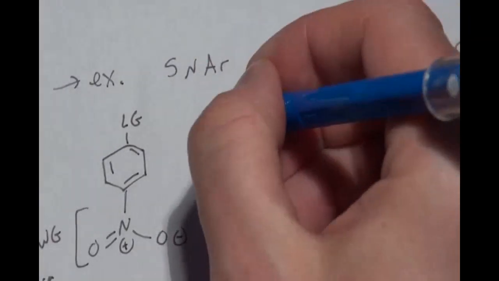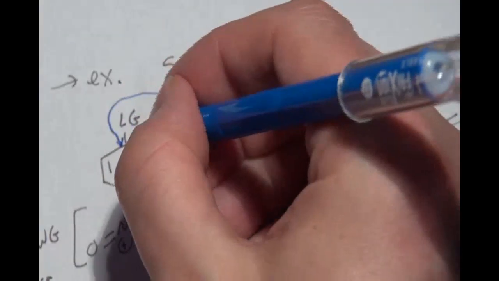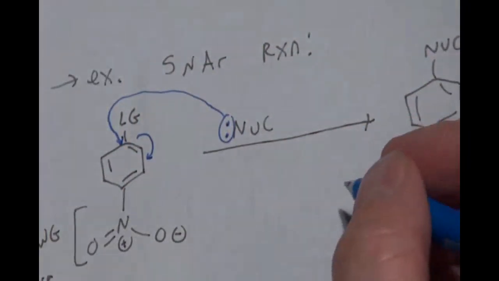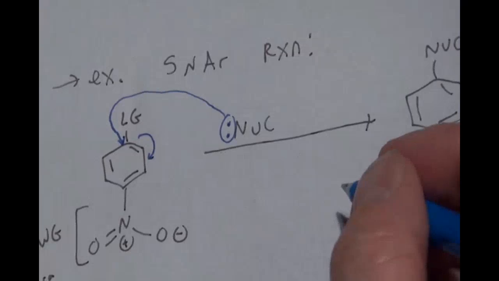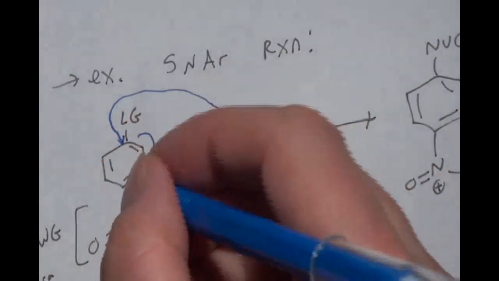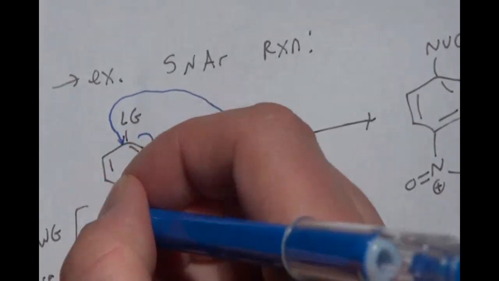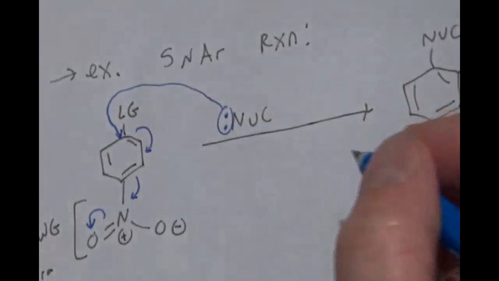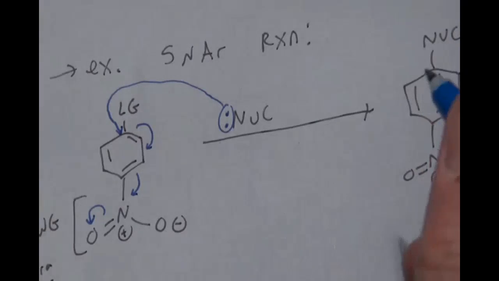And what is the mechanism? The nucleophile attacks, electrons move. So rather than just kick off the leaving group, the electrons move down and they keep going and going onto the electron withdrawing group.